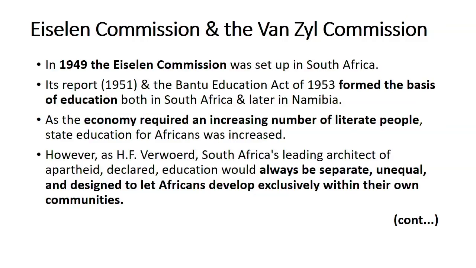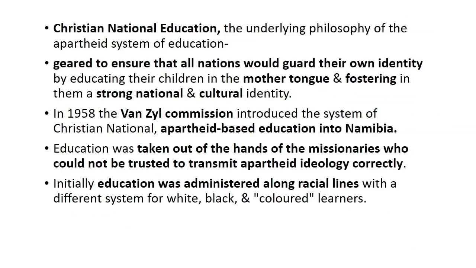As the economy required an increasing number of literate people, state education for Africans was now increased. However, H.F. Verwoerd, who was South Africa's leading architect of apartheid, declared that education would always be separate, unequal, and designed to let Africans develop exclusively within their own communities.